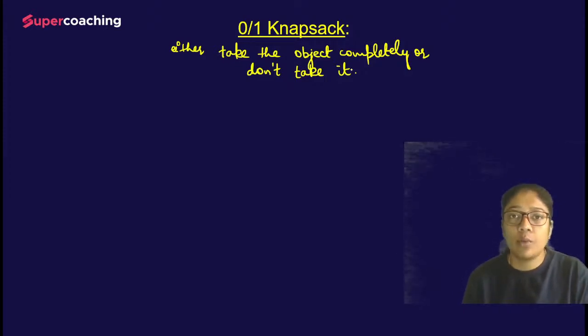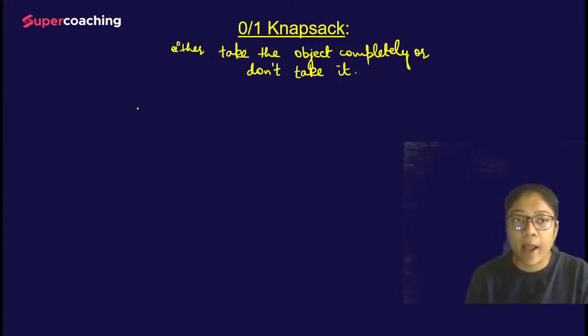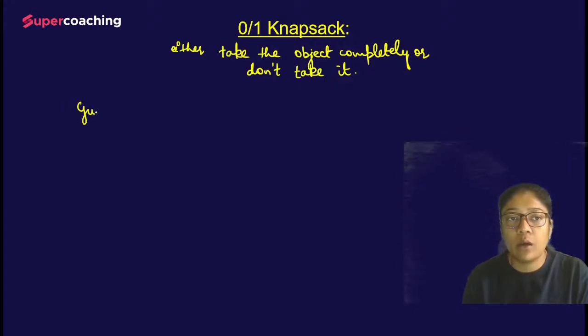Those who have not covered the fractional knapsack or real knapsack, let me tell you, a knapsack is a bag which has some capacity. So the maximum capacity of the bag will be given. I'm not going into much depth, just the overview.